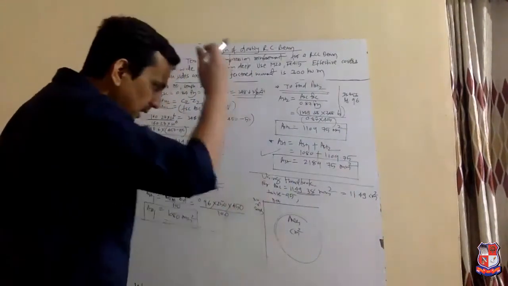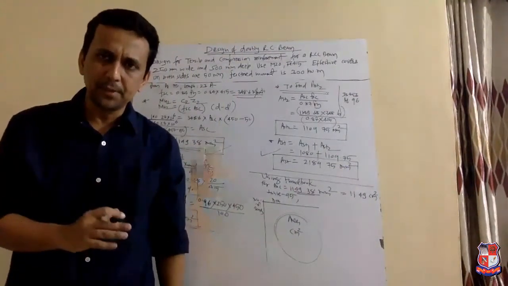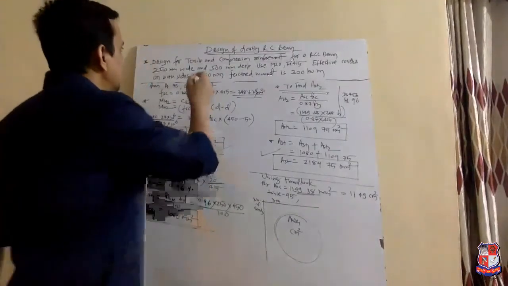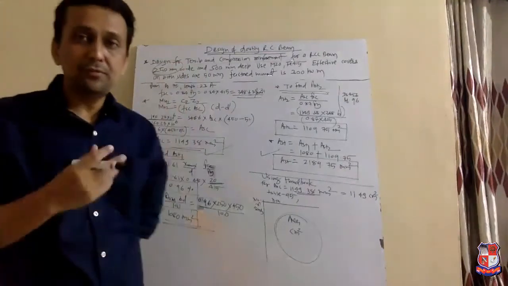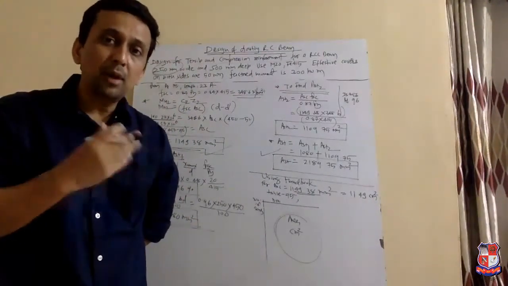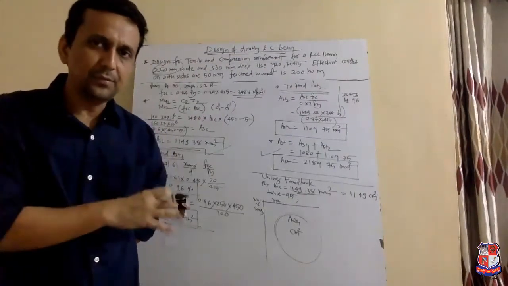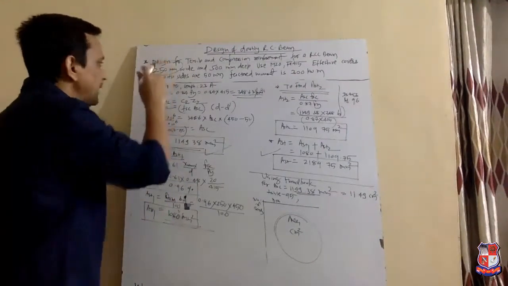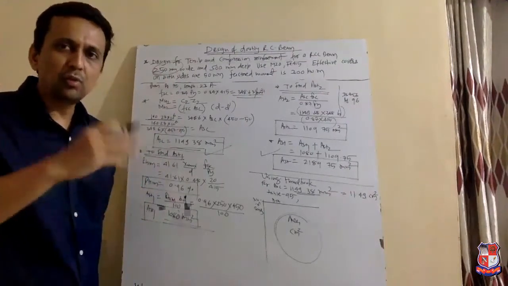So in a beam, generally we provide 3 or 4 bars. It depends on the width of the beam. Here, the width of the beam is 250 mm. So if we provide 4 or 5 bars, it may not satisfy the spacing criteria. So in the case of a 250 mm or 200 mm wide beam, you provide 2 or 3 bars.